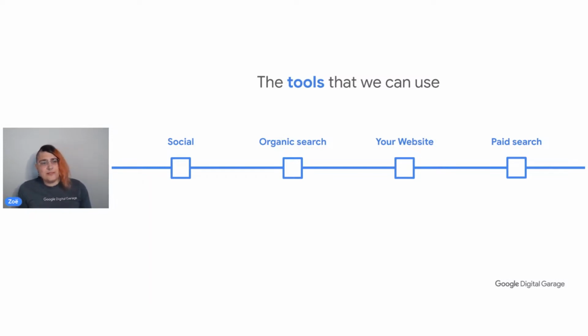Basically, any tool that you use online to market your business, whether that's your website or your Twitter account or your Facebook account or your Instagram account, or your Google Ads account, will almost certainly have some kind of analytics built into it, some way of collecting data and showing you that data.